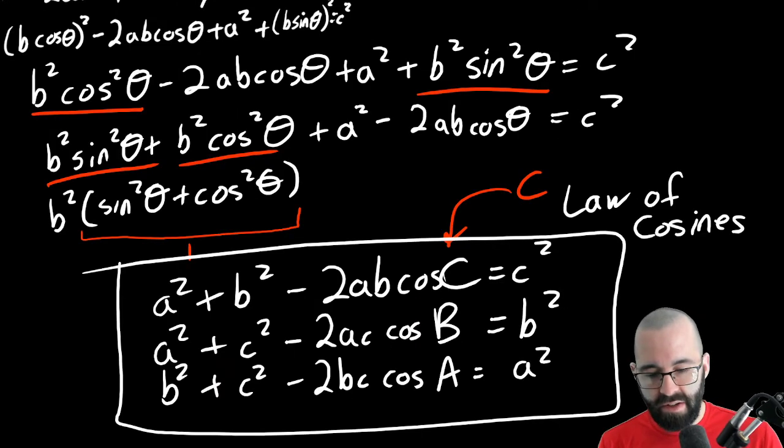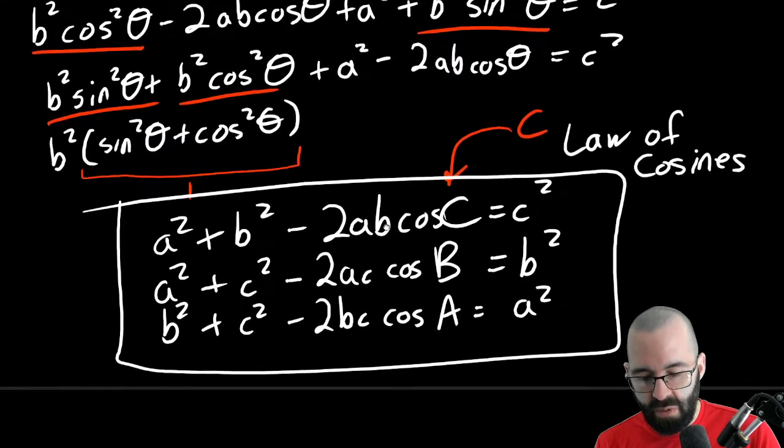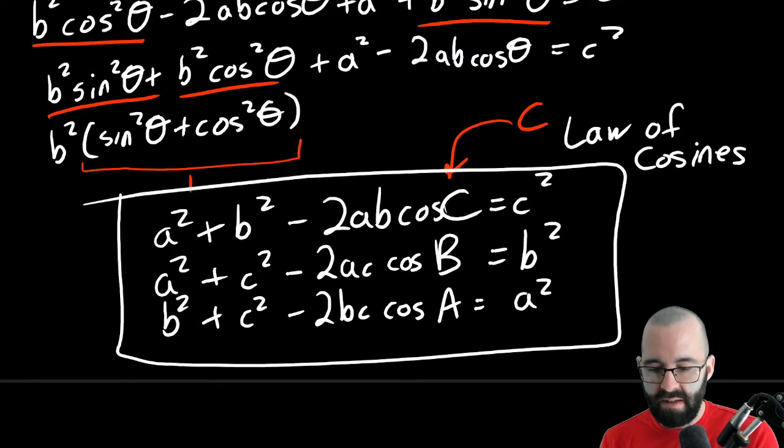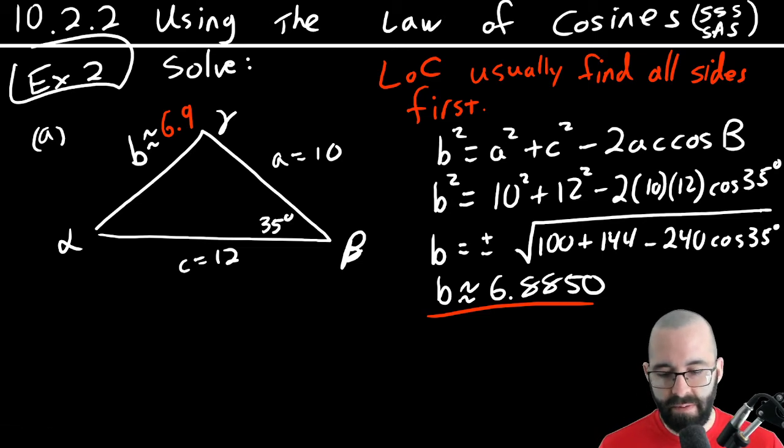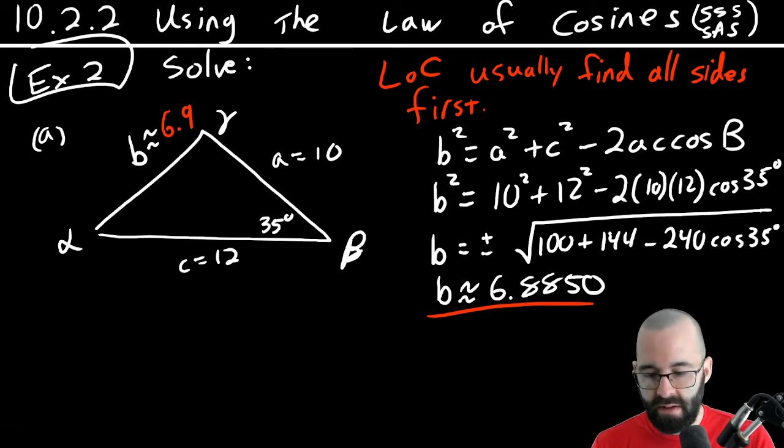One other thing that you can also mention back here for the law of sines, or the law of cosines, is you can also solve each of these for cosine, and there's a formula. I'll incorporate that in the next example. But it's usually easiest to use law of sines.